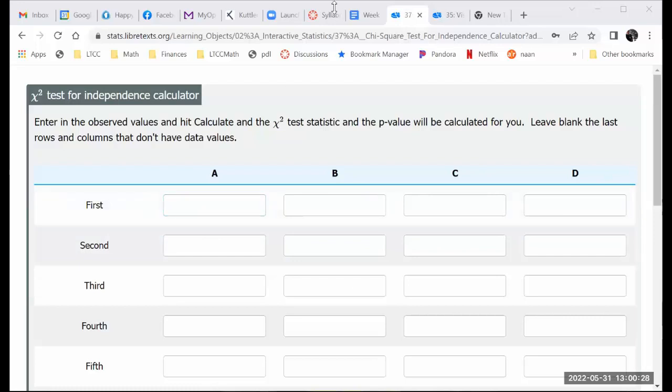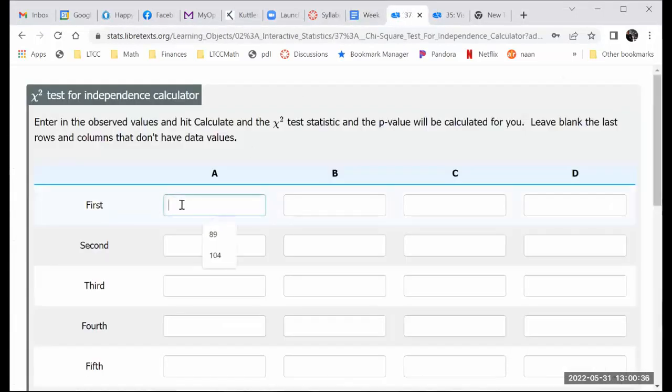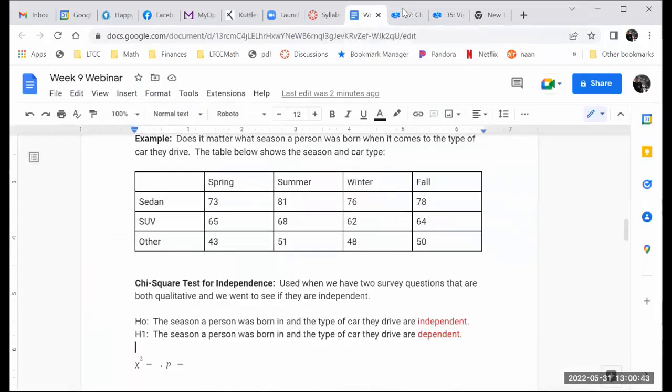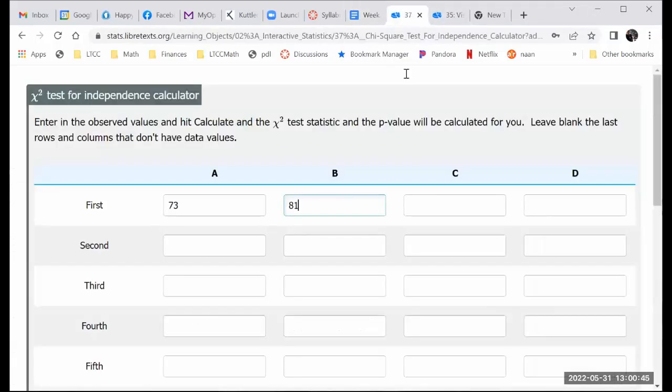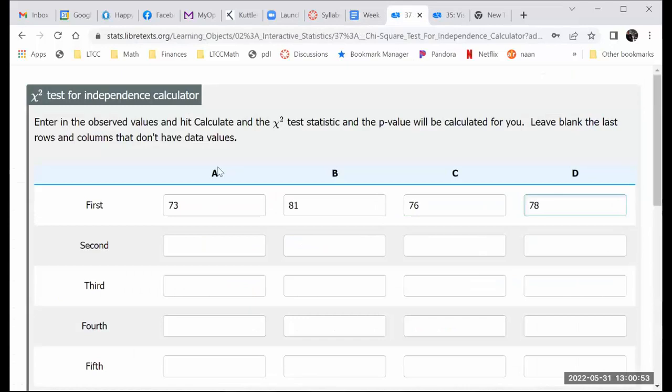So I'm going to pop in my numbers. We have 73, 81, 76, 78. I'll do two at a time. 73, 81, 76, 78, 65, 68.